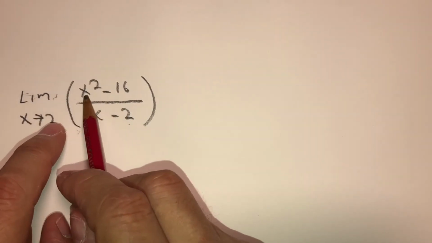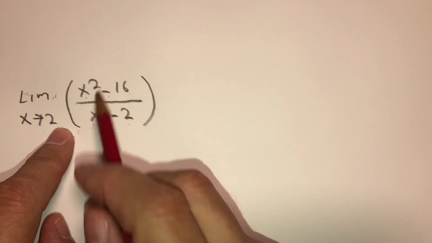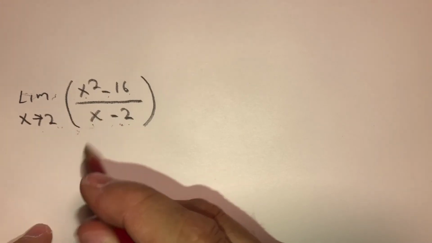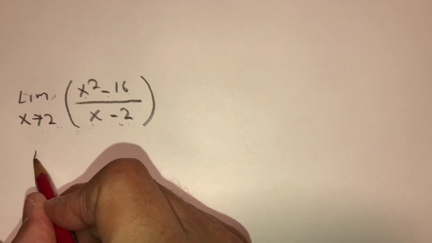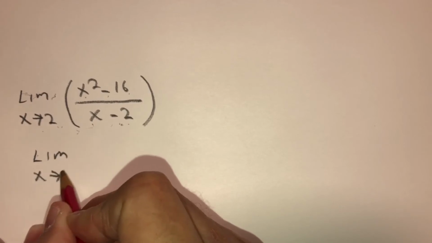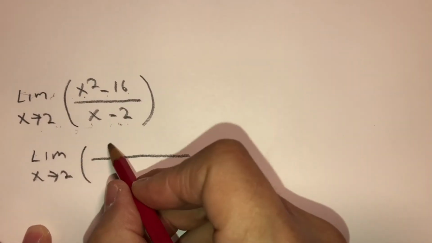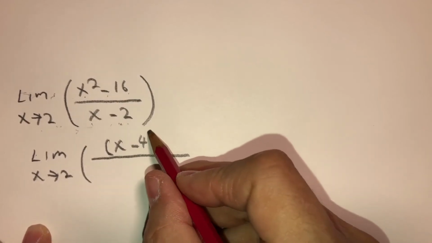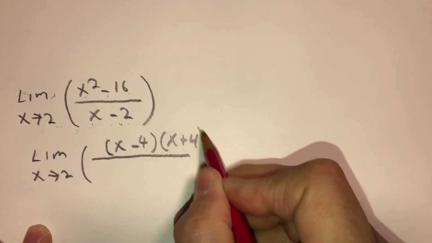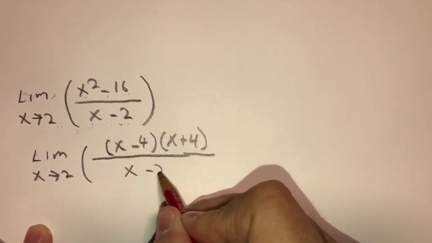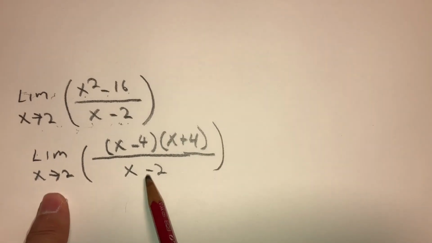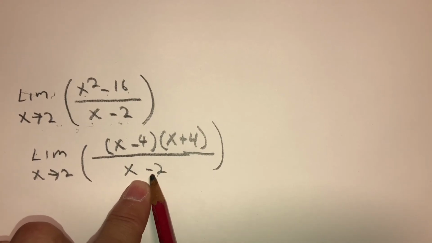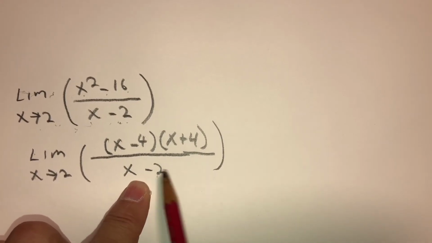The numerator isn't 0 because 4 minus 16 isn't 0, so I don't get 0 divided by 0, but I still have division by 0, which is a problem. So what we did before was factor the numerator. So I want to do that again here. Like this. And the problem that's causing division by 0 isn't dividing out like it did last time. So we've got a problem here.